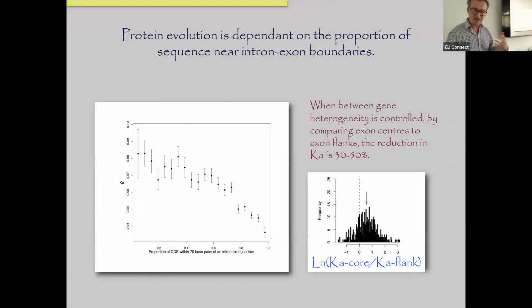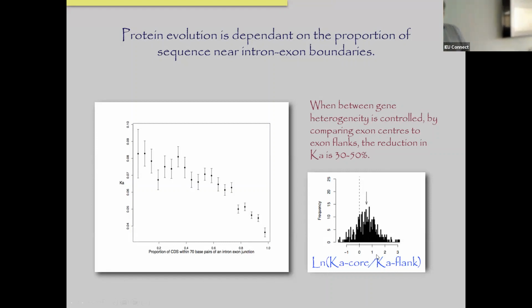And it turns out this is also then a very good predictor of the rate of evolution of an exon. So if you have a short exon, all of it's next to the boundary, then that exon is a very slow evolving exon. Whereas conversely here, we find fast evolving exons, and our retrogenes, of course, are relatively fast evolving. They move, losing these constraints. Again, there's a problem.